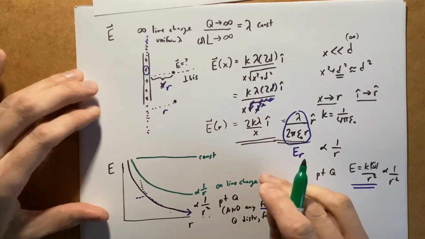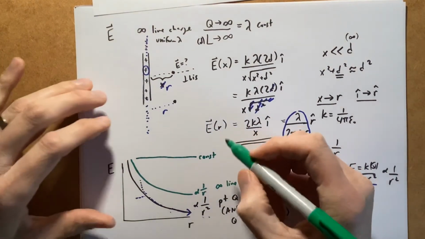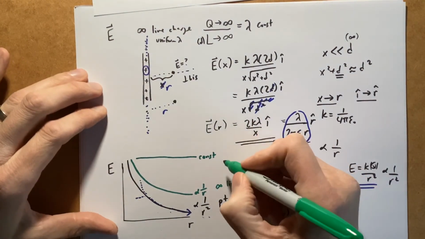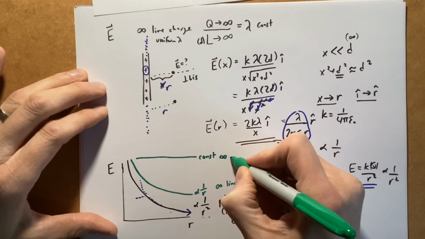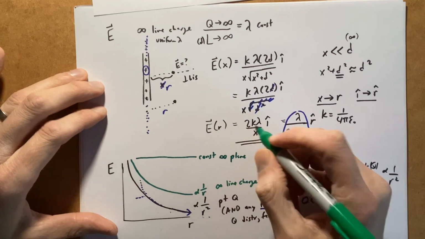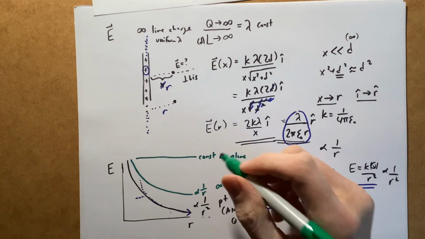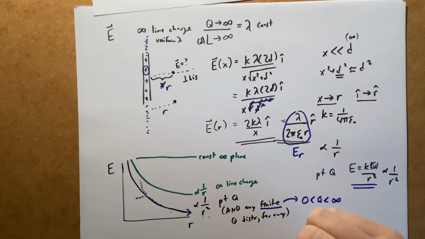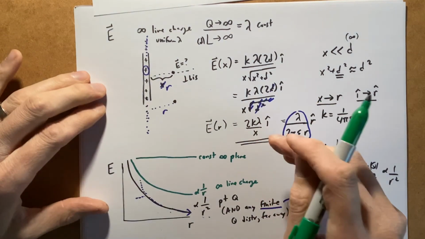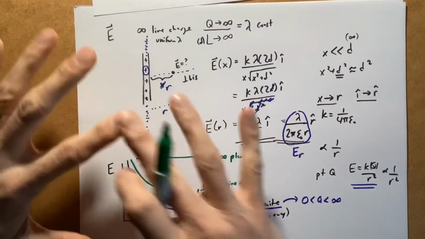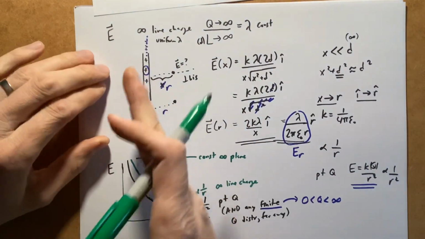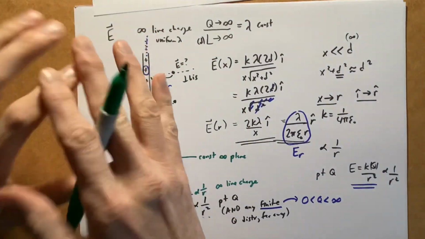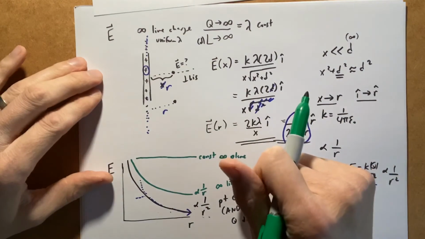So we will actually see, this is previewing some results that I'm going to do next, but if you have an infinite plane of charge, you actually will get a constant electric field. The electric field does not die. You can even ask, well, what if you filled all of space, not just one dimension, not just two dimensions, but three dimensions, what would that do?